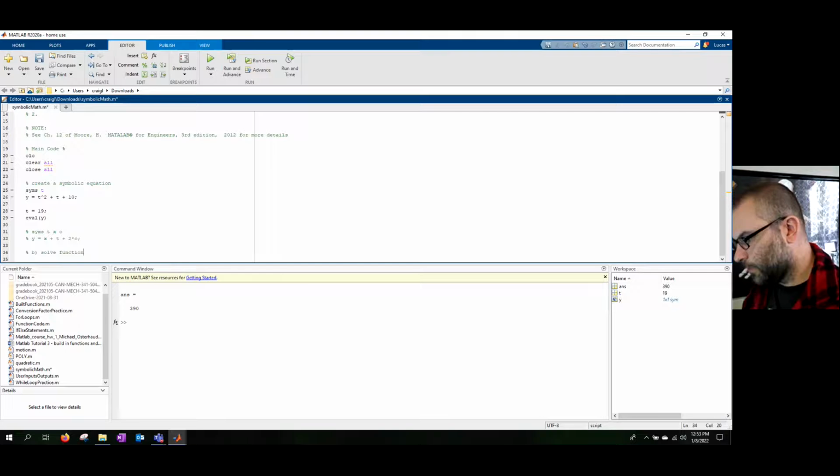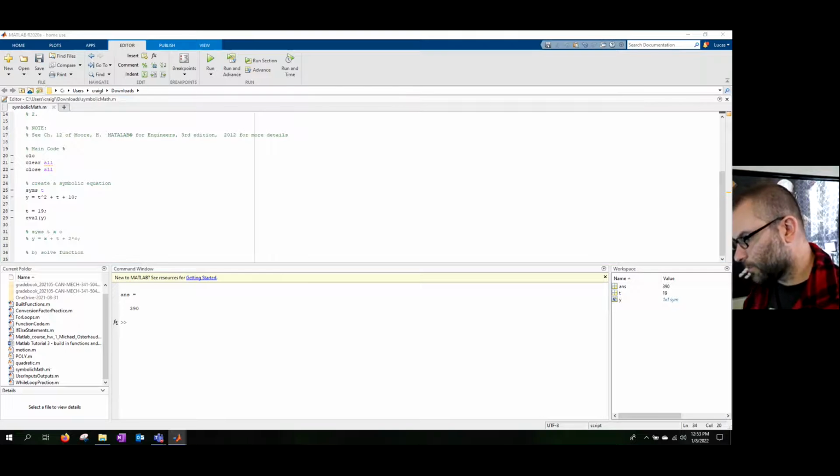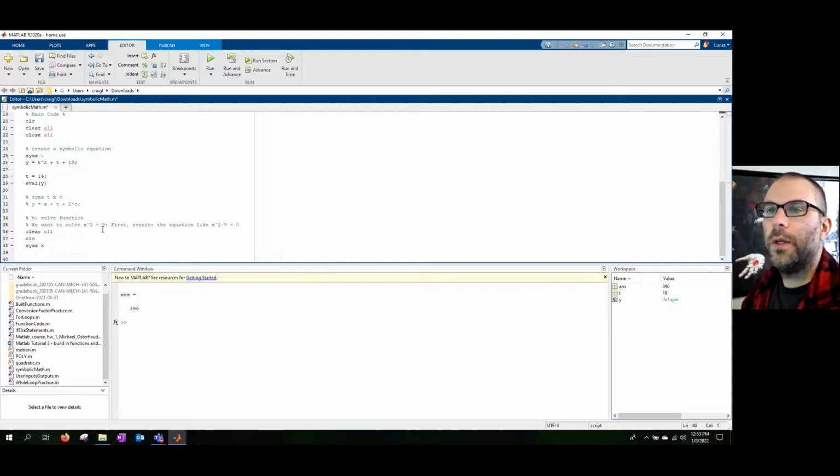Okay, so what we're going to do, copy and paste this, is we want to solve x squared equals 9. So what you do first is you rewrite the equation so it's x squared minus 9 equals 0. And I'm just going to clear everything, so I want to start fresh. I'm going to make an equation where I'm using x as my equation.